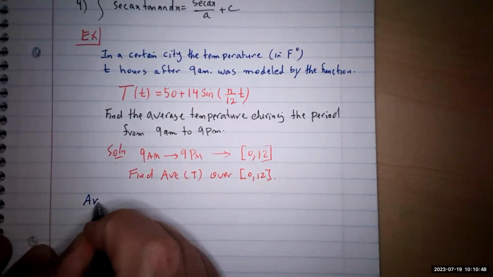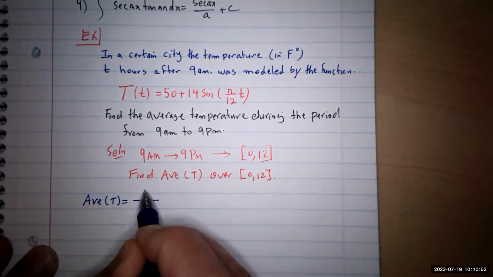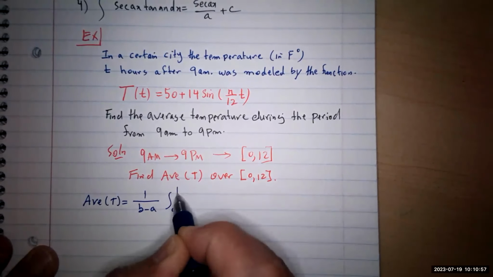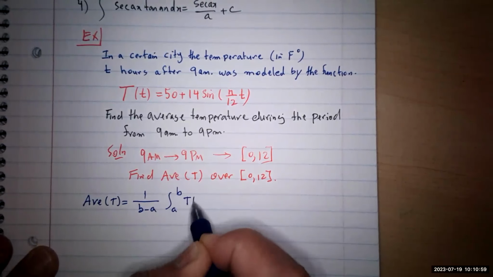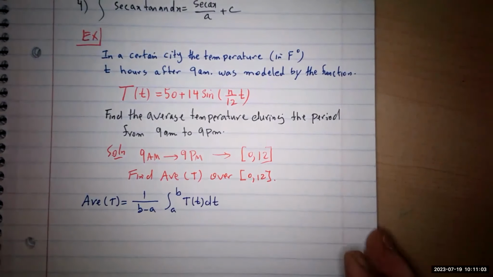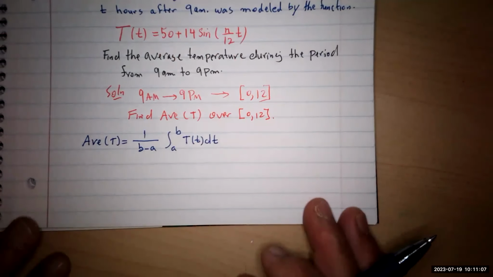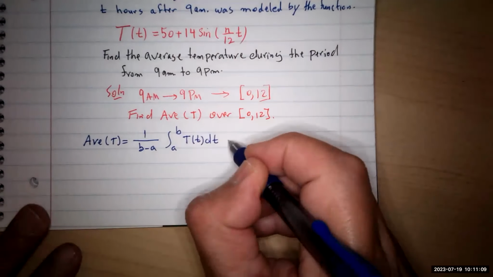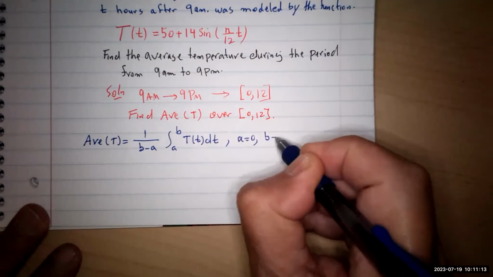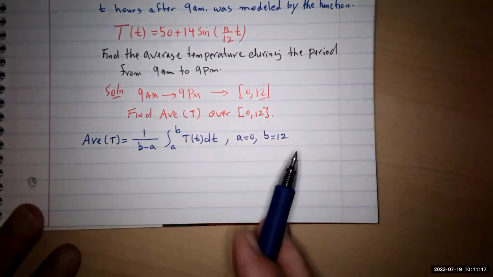The average value of T is equal to, I give you the formula, 1 over b minus a, integral from a to b. You can call this one T of t because they talk about time. We can use x as well, but they talk about temperature. In this case, your a is the smaller number, which is 0. Your b is the bigger number, which is 12. Substitute, integrate.